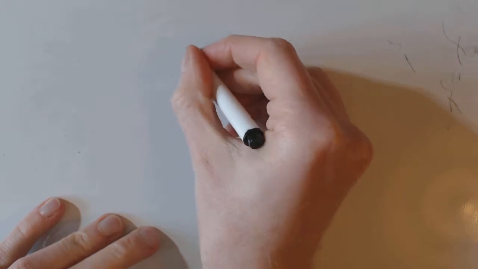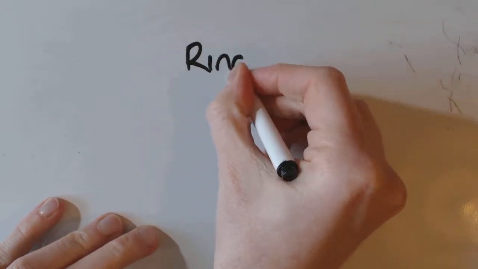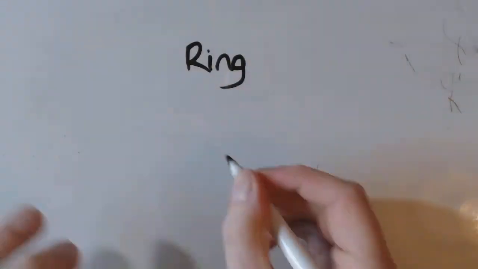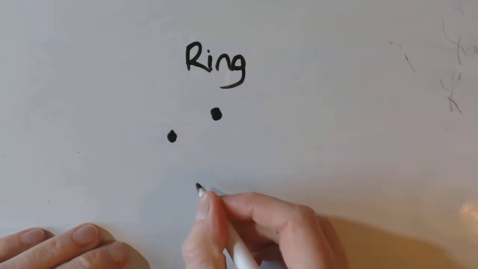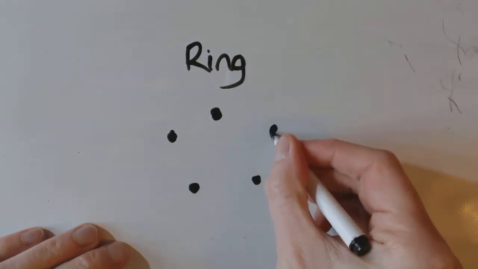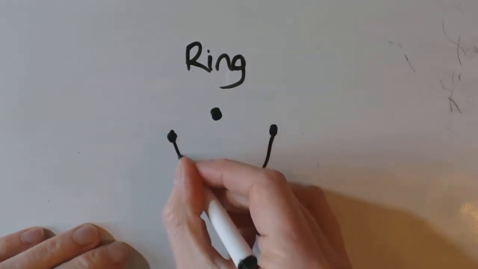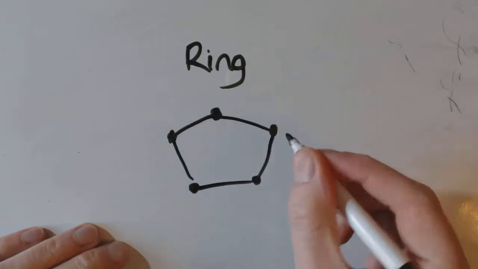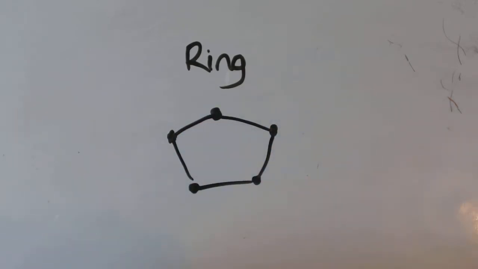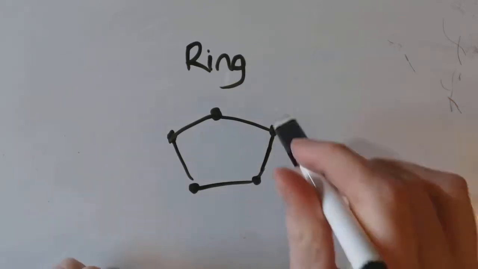So the first one we looked at is the ring topology, and this is probably the least stable of them all because what you have are all the nodes linked together in a ring. And what this means is if there's a failure in a channel, the network doesn't work, or if there's a failure in the node, the network doesn't work.